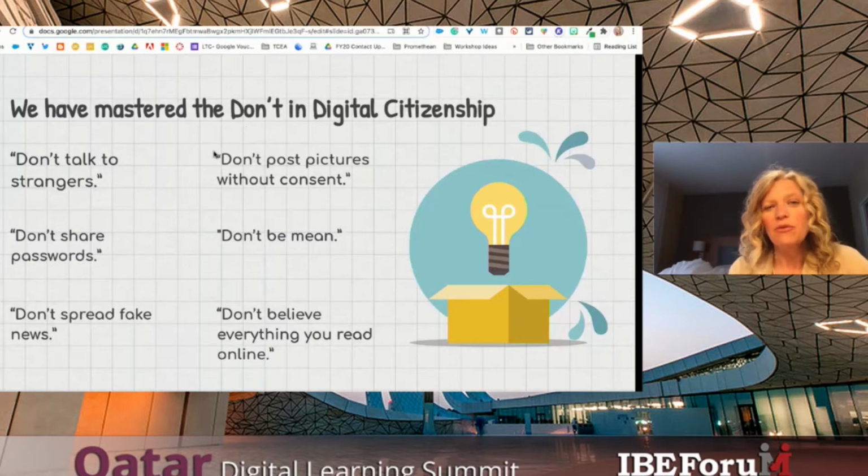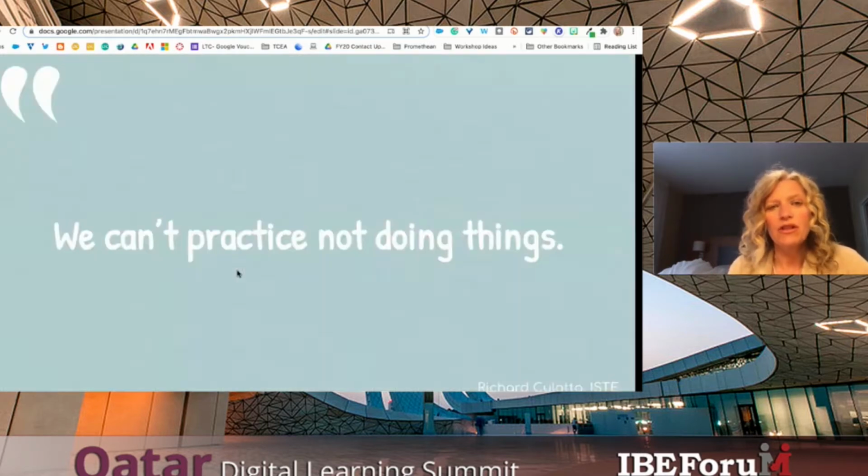With this don't in digital citizenship, we're trying to change the mindset of people, and let them know, working with their students, what they can do on the internet and how it can be used in a good way. So keep this in mind, and hopefully we can change the mindset of people out there.